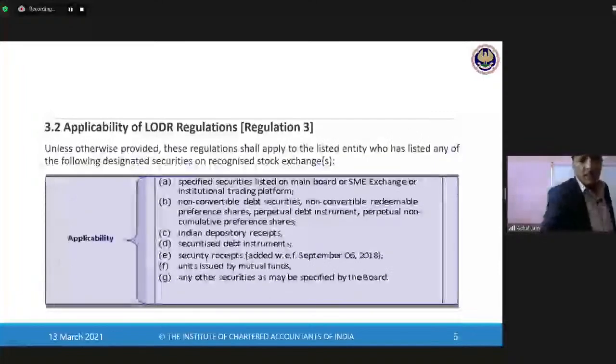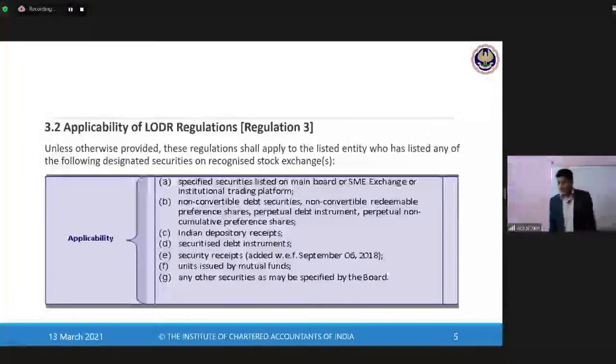Moving further, let's now quickly understand the applicability of LODR regulations. So where does it become applicable? It's applicable to the listed entities who have any of these types of securities. Specified securities listed on main board or SME exchange or institutional trading platform.